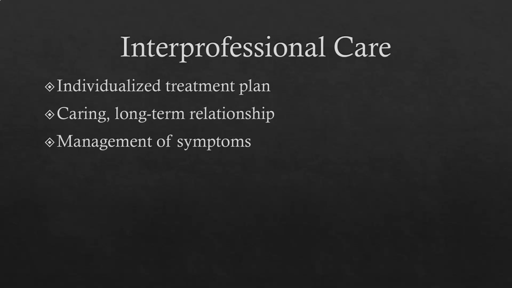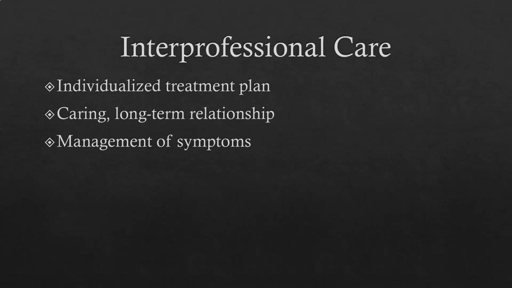The interprofessional care that should be provided for patients with rheumatoid arthritis should include an individual treatment plan that considers the patient's disease activity, joint function, age, sex, family and social roles, and response to previous treatment.